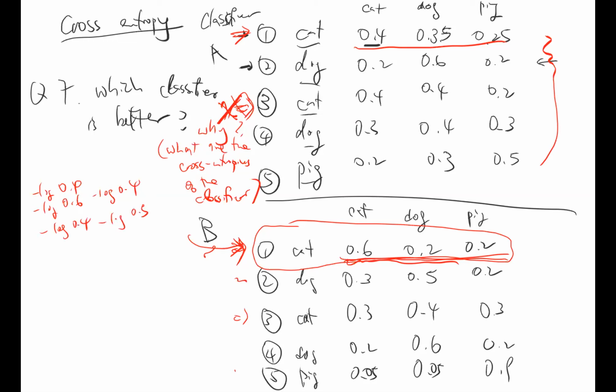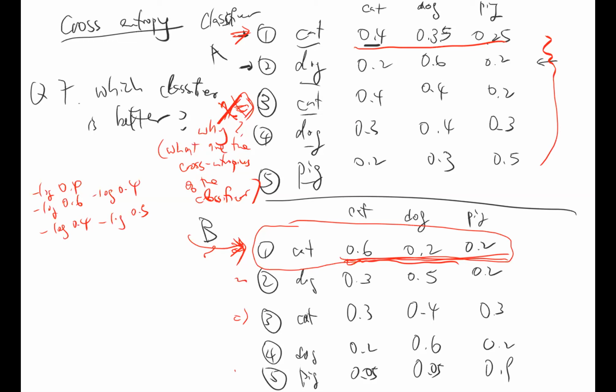So let's see, I have 4.6, 4.5. I'm not sure whether you used log base 2. If you use log base 2, it's 5.7.